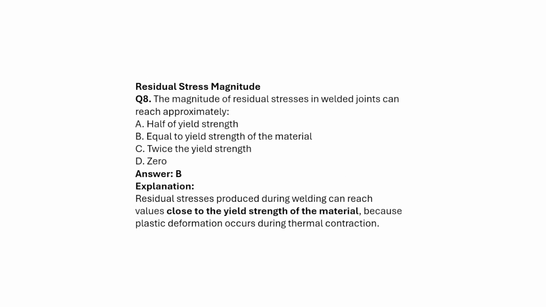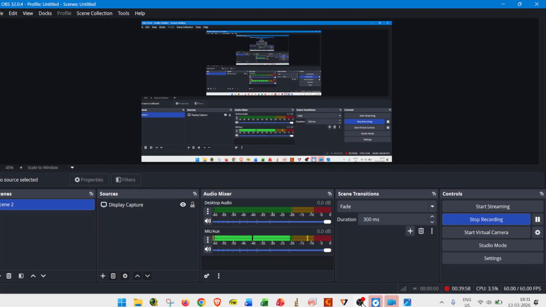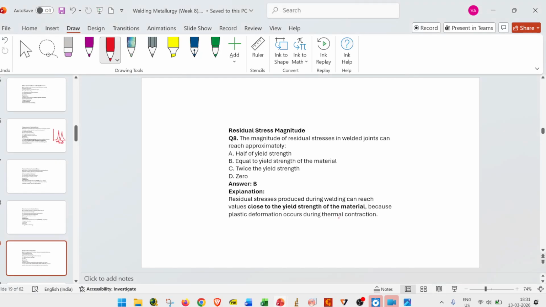The magnitude of residual stresses in welded joints can reach approximately: half of the yield strength, equivalent to the yield strength of the material, twice the yield strength of the material, zero. The answer will be equivalent to the yield strength of the material.